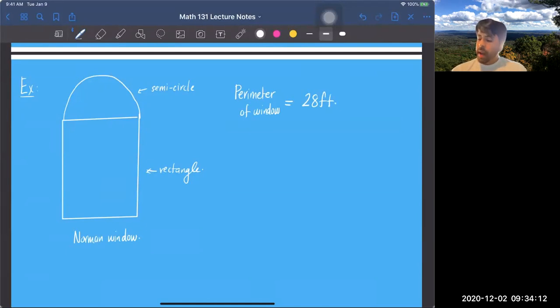So it says, what are the dimensions of the window so that it maximizes the amount of light that goes through it?